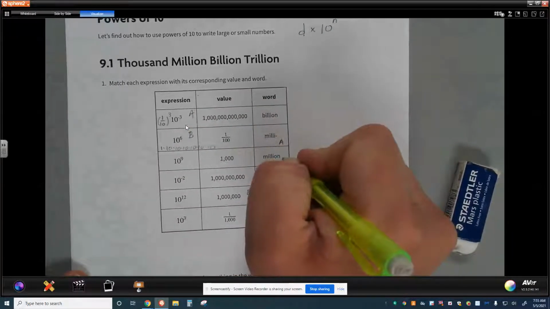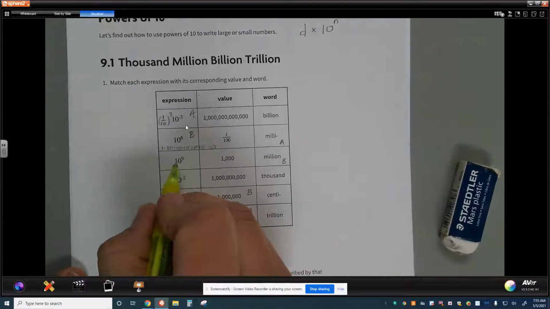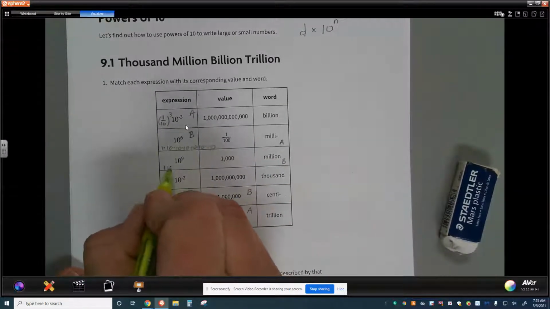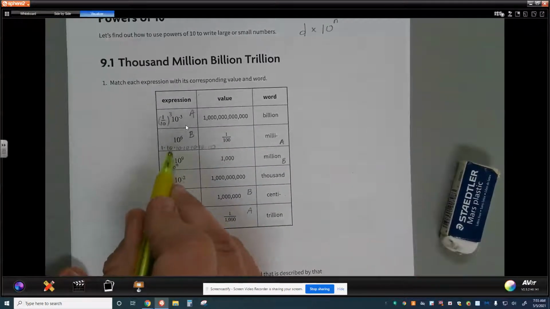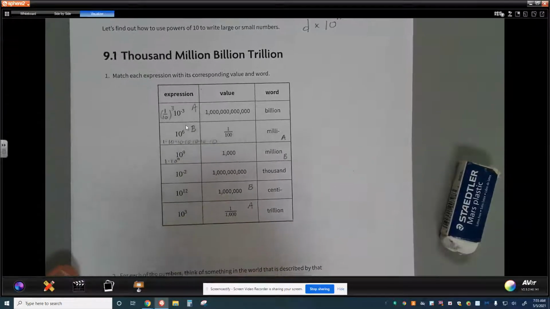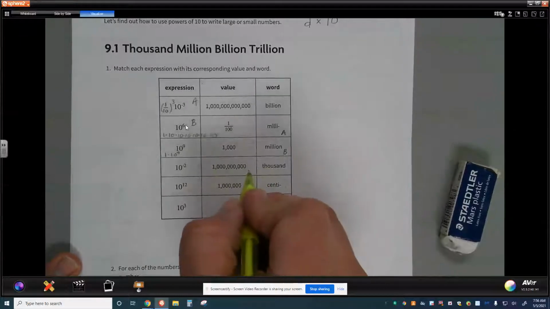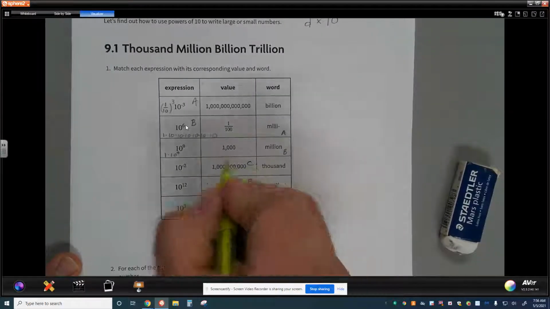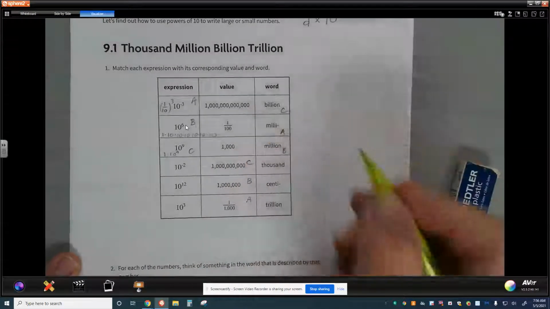And then we just continue on with these things. 10 to the 9th power is 1 times 10, 9 times. Notice that we had 6 place values after the 1 right here. So for this one, there are 9 place values after the 1. 9 would be a billion. So this is C.